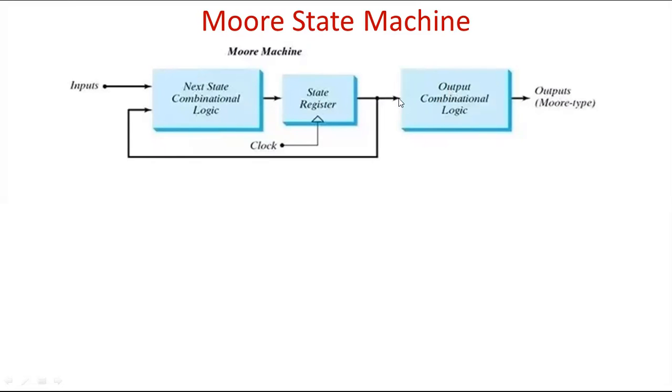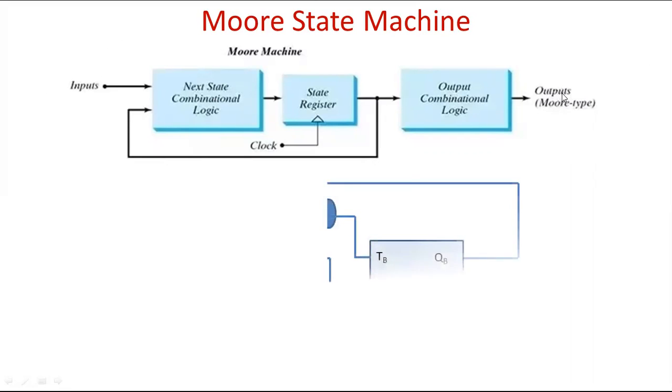There is no impact of the input directly on the output being generated. So here the output is only a function of the present state. This is the model of the Moore state machine, and now let us go with an example.